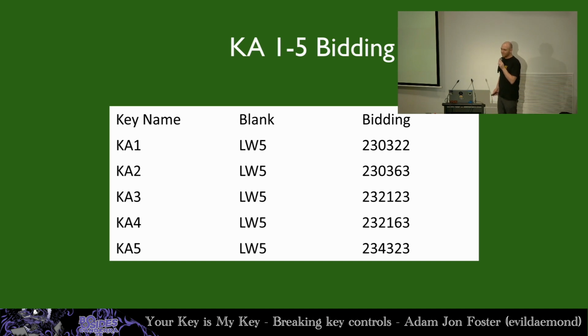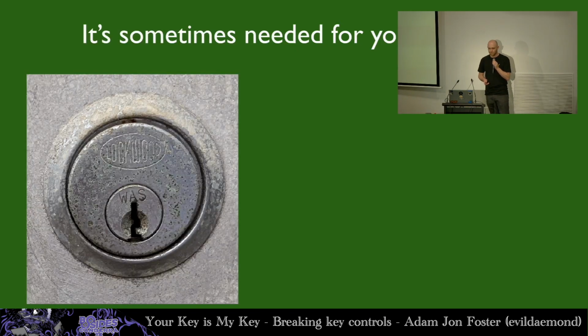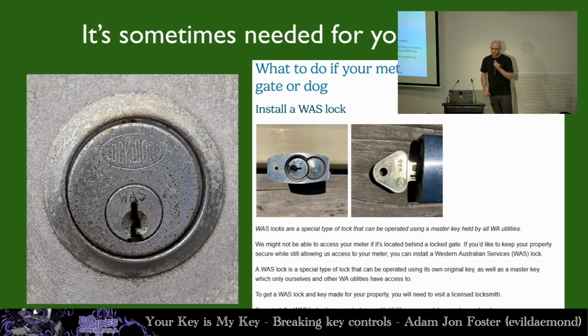So, let's talk about a little bit more about where common keying is practically done on purpose. This is one of my favorites. This is a utility box. And you'll notice it has a little stamp on it. It says WAS. Usually this is used to denounce different things in different places. This is called the Western Australian Standard Key.